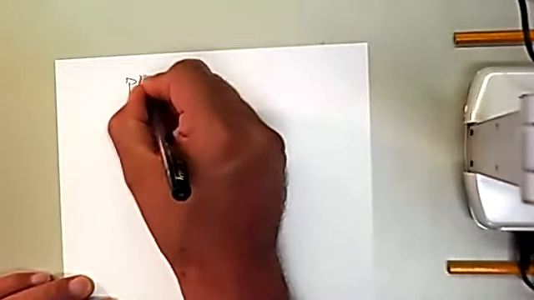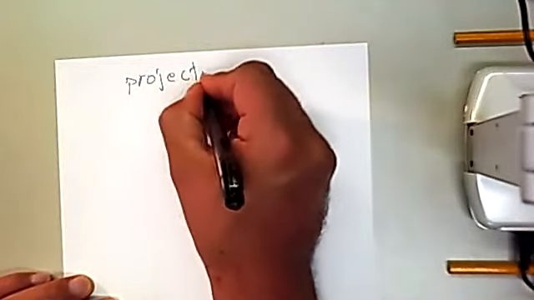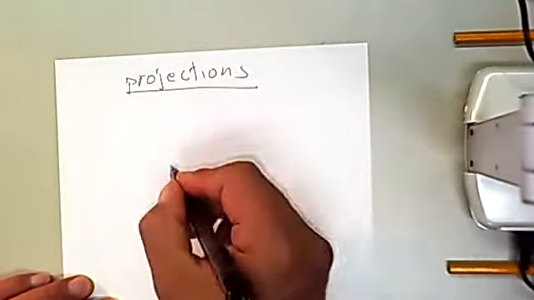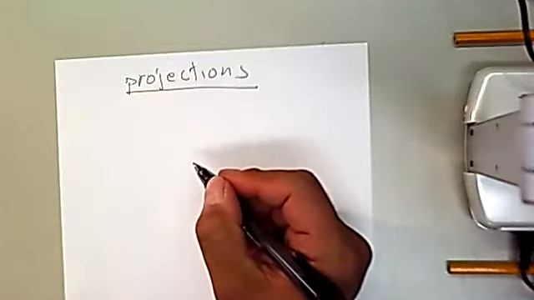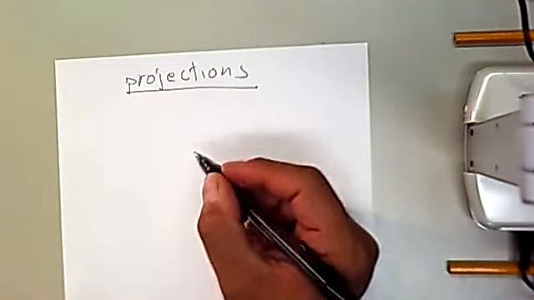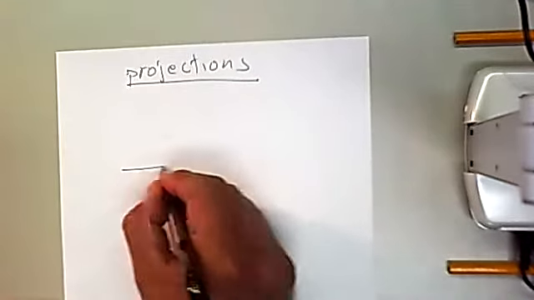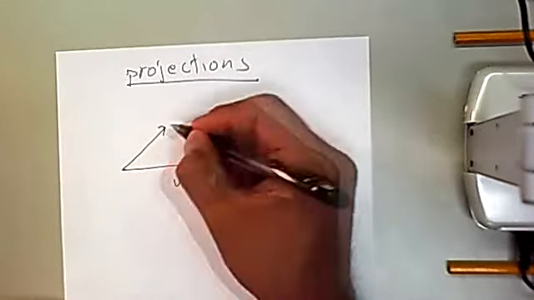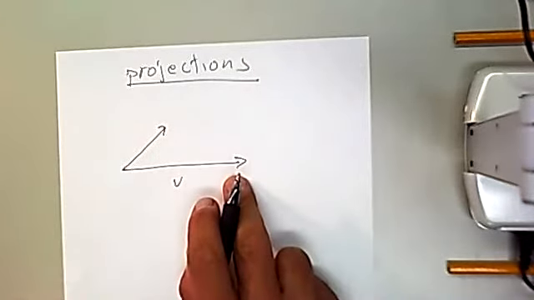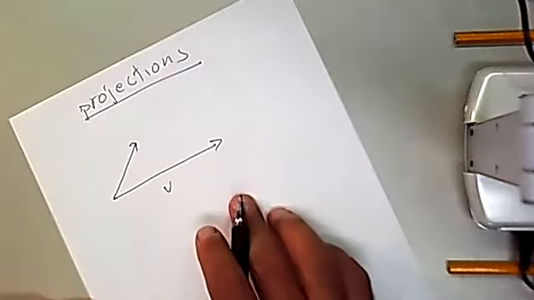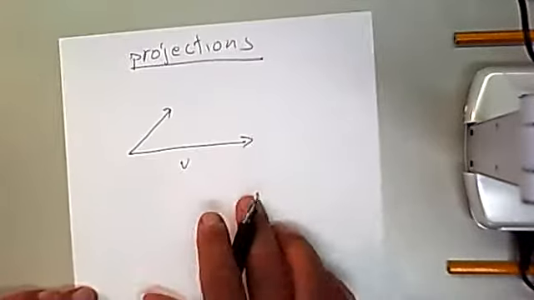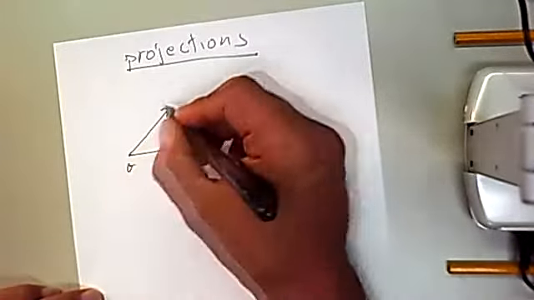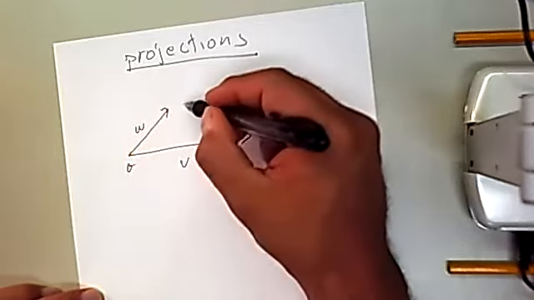Let's talk about projections. We can project one vector over another vector. So let's say you have a v vector and a w vector, and this is not necessarily lined up with the x-axis. It's some random vector anywhere in space. All right, so this is the origin, w vector.